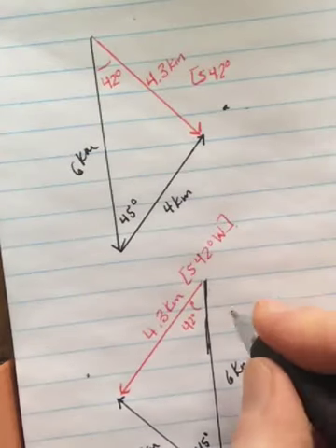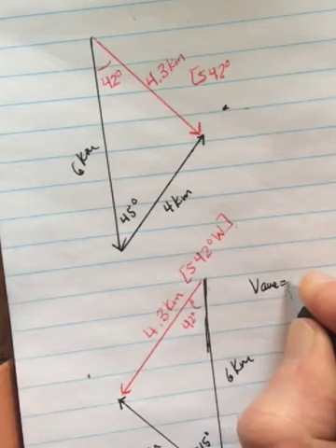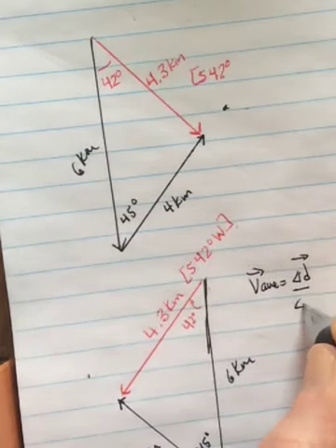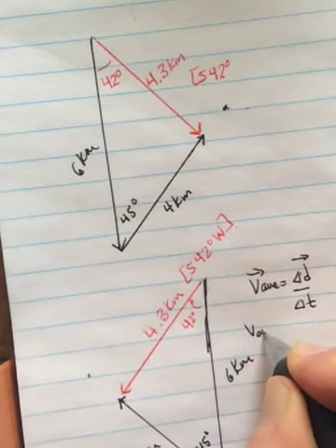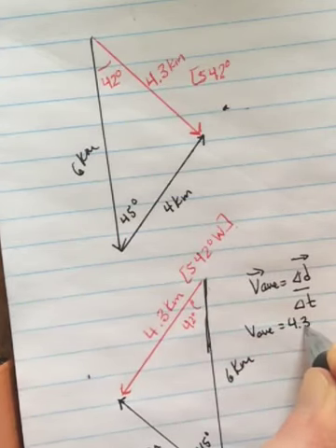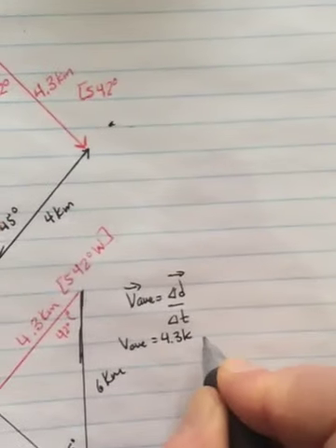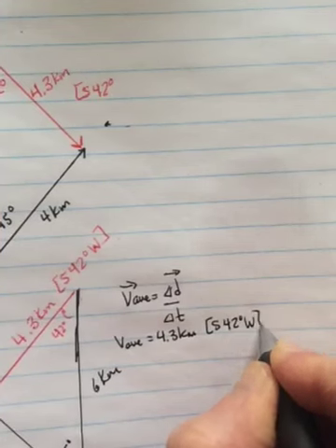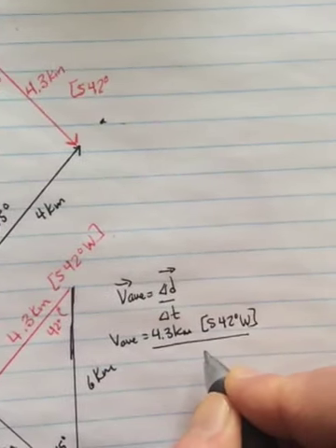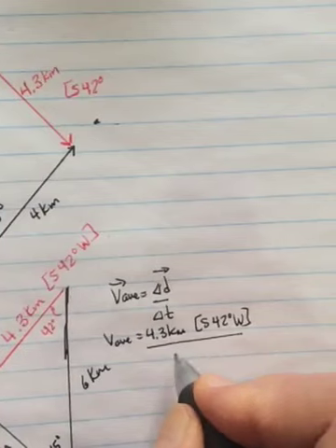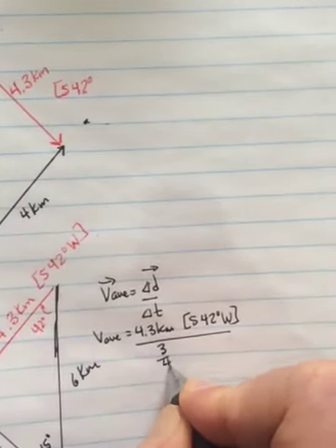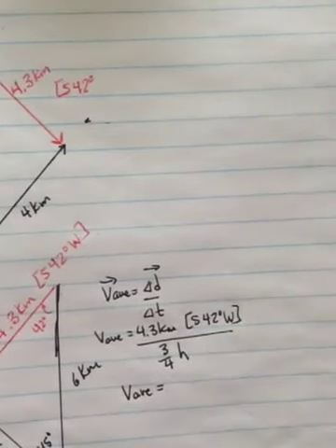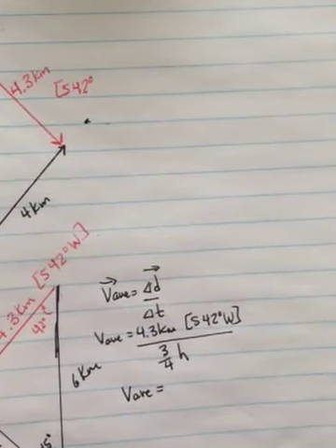So for the average velocity, you're going to do VAV equals delta D over delta T. The delta D is what you just found. So it's 4.3 kilometers, and it's going to be south 42 degrees west. And in the question, it says it took her 45 minutes. 45 minutes is 3/4 of an hour. I would change it to kilometers per hour because I think that's probably easier than going meters per second.